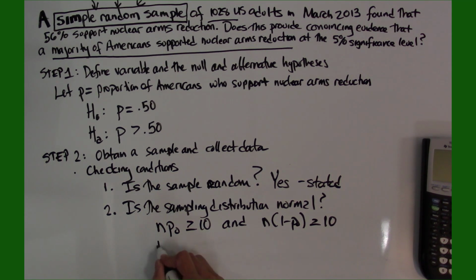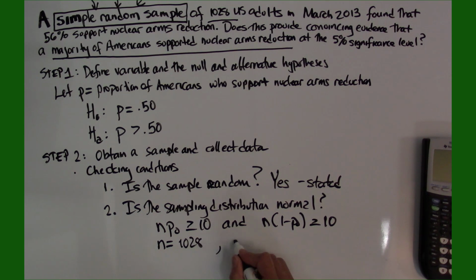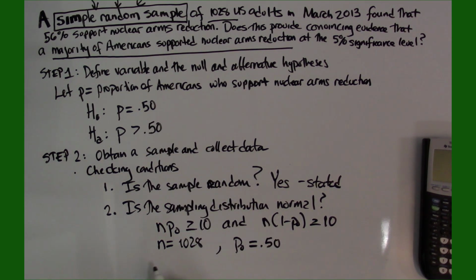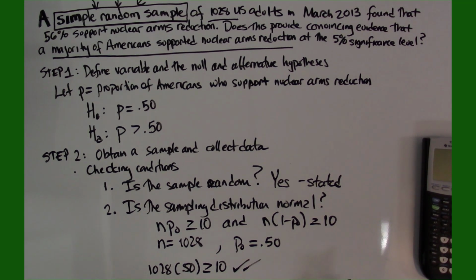We're given n, our sample size of 1,028, and our p0, our null value, is 0.5. So 1,028 times 0.5, that's half of 1,028, is definitely greater than or equal to 10. And 1 minus p0 is also 0.5, so both conditions are met. I'm going to pause here to continue step 2.